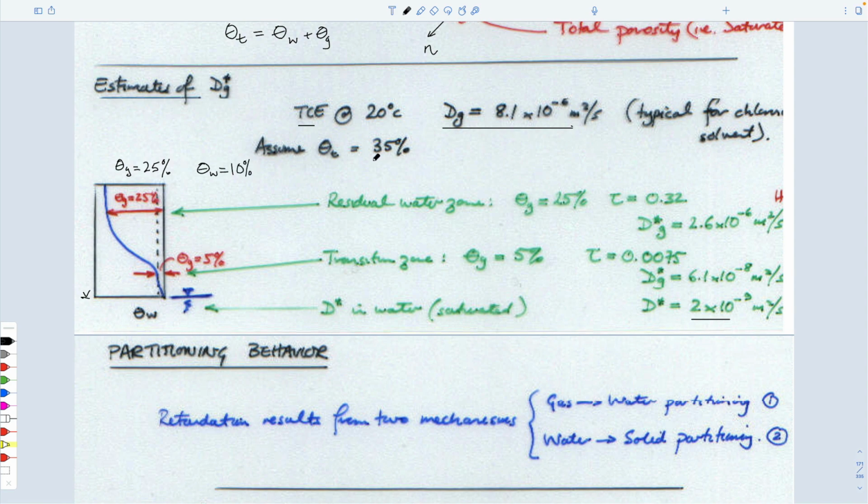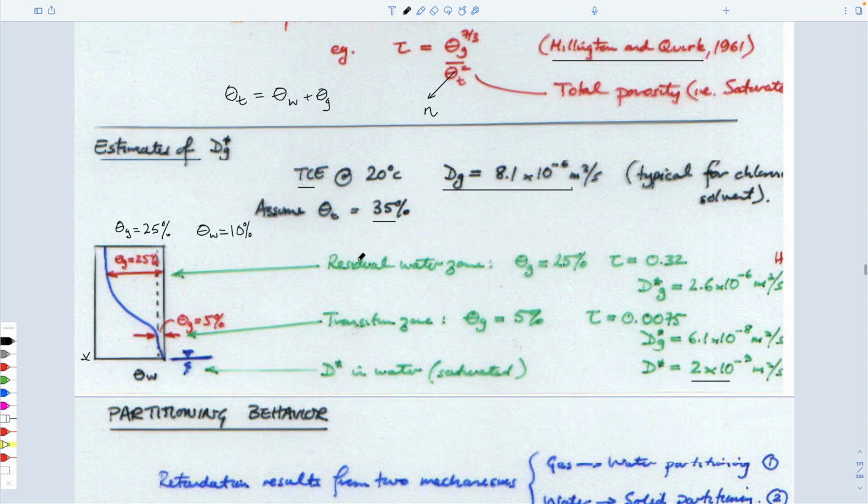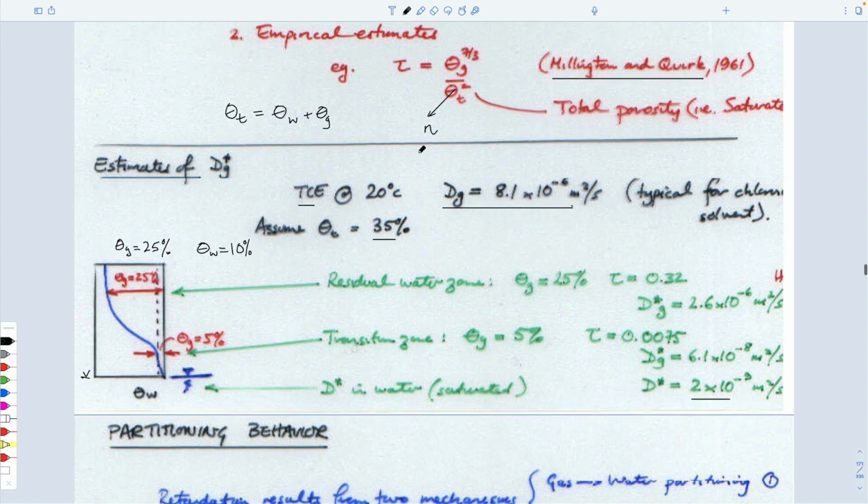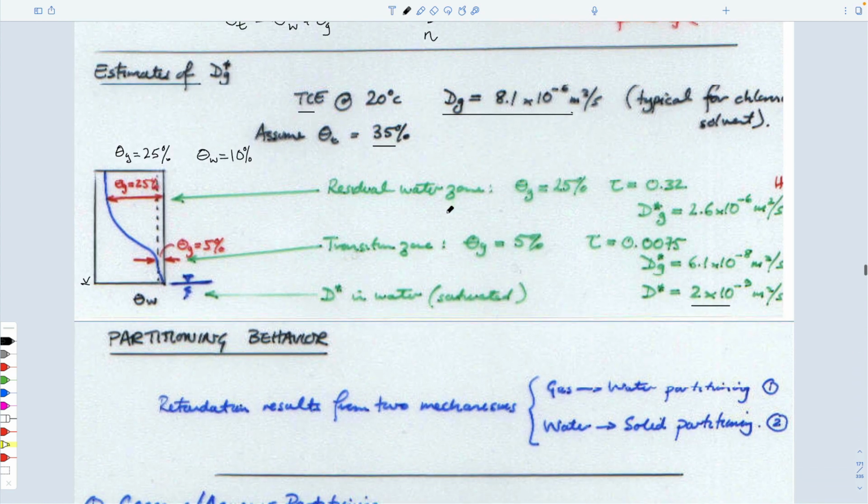That's consistent with this value here. Then if you use this relationship and multiply it through by this diffusion coefficient, you get the effective one, which is 2.6 times 10 to the minus 6 meters squared per second.